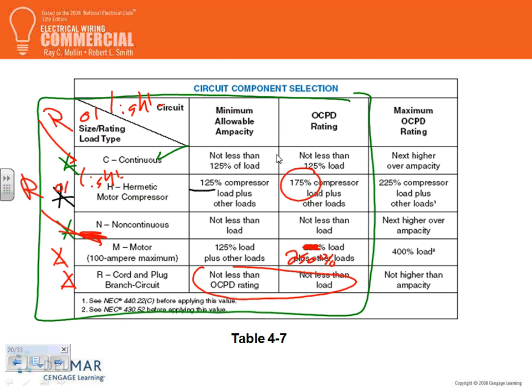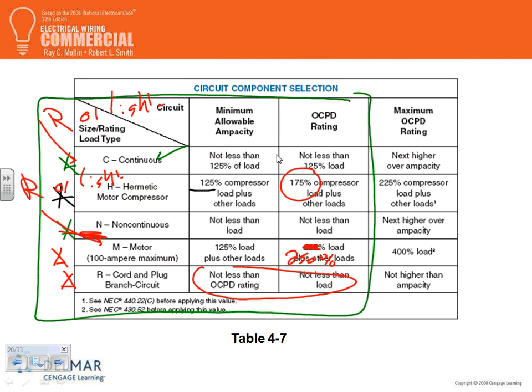If you have a cord and plug machine, the cord itself has to match the load of the machine, and the overcurrent device has to match the cord and equipment. If the machine itself comes with the cord, most likely, if it's a continuous machine, they take this 1.25 into consideration. The cord is rated for the machine and for the overcurrent device plugged in.